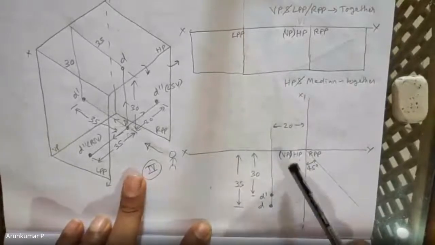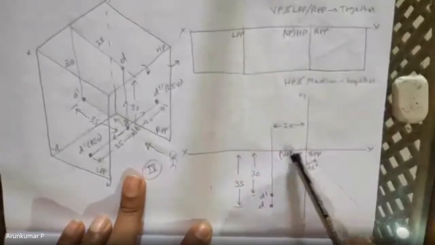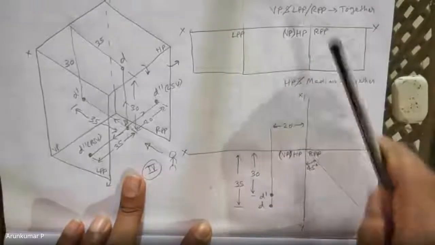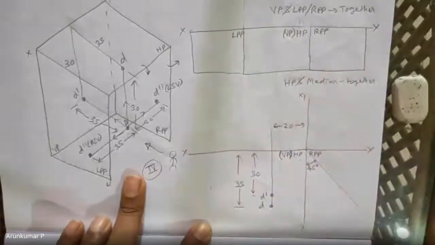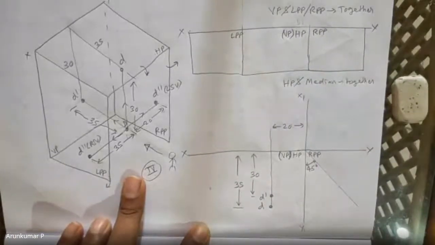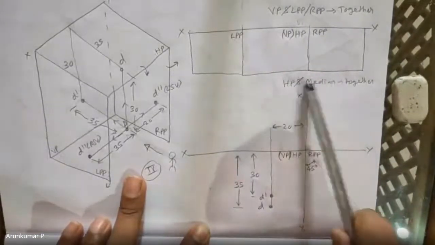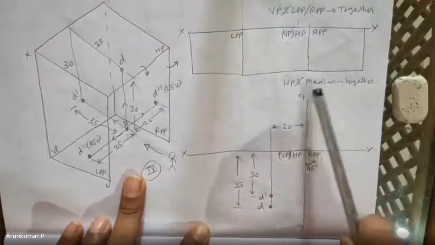So the horizontal plane and the median line will be beside each other, or will be together, same as the VP and RPP, LPP are together. Okay. So this is your second thumb rule. Please remember this.